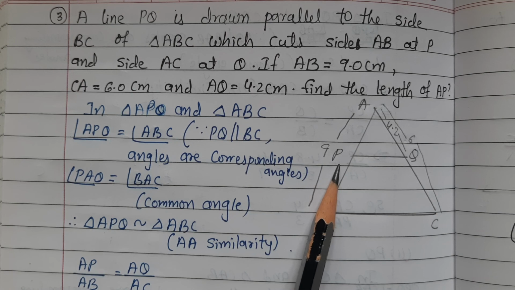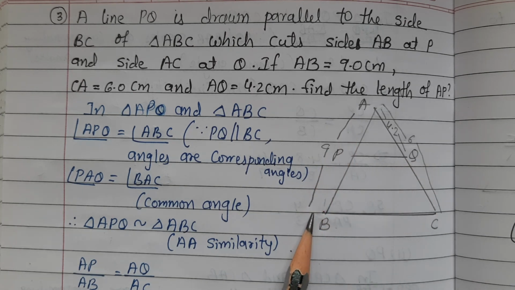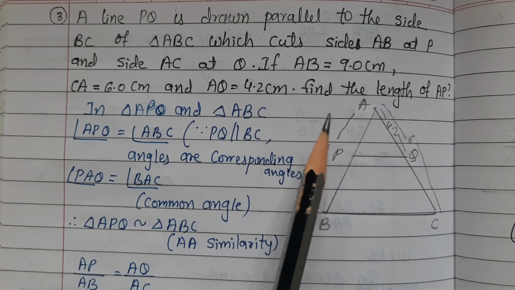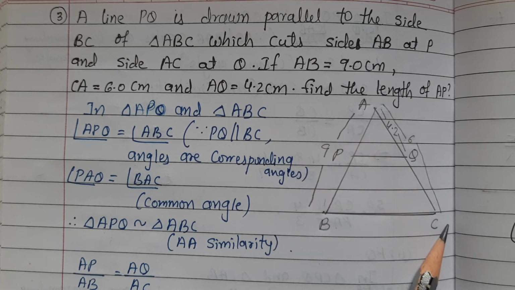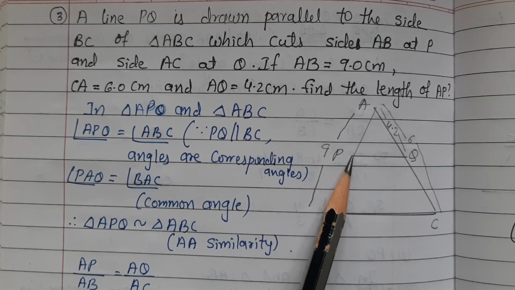P and AC at Q. If AB is 9 cm, CA is 6 cm and AQ is 4.2 cm, find the length of AP.